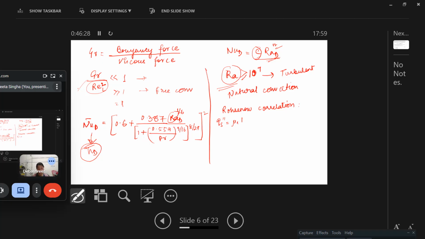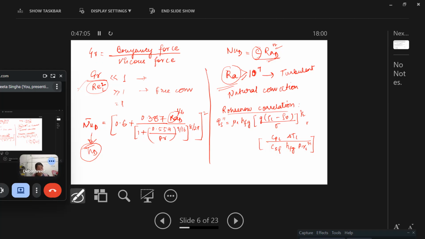This is given by mu L hfg, times [g (rho L minus rho V)] all to the power half, into [Cpl into delta T divided by Csf hfg Prl to the power n].